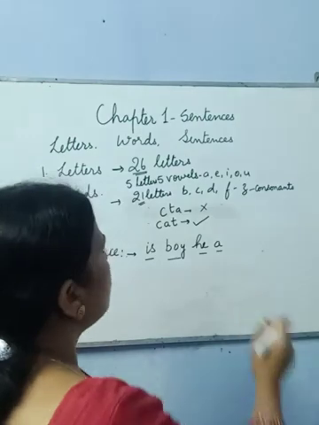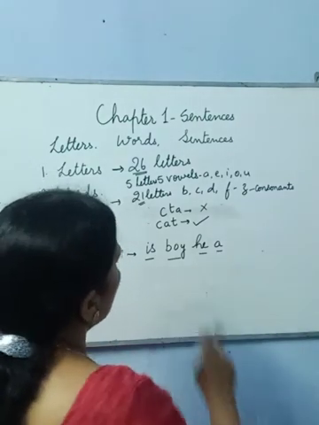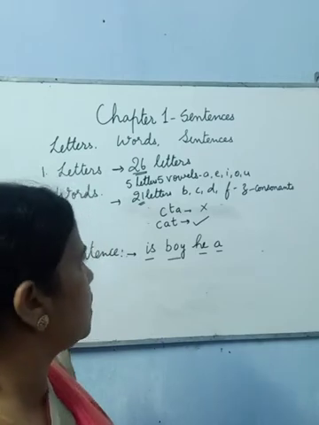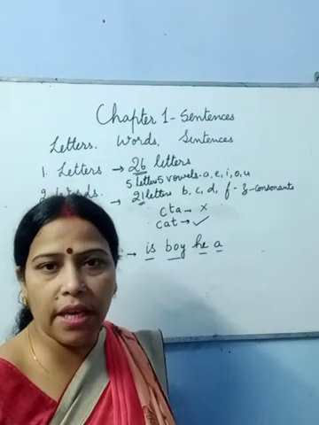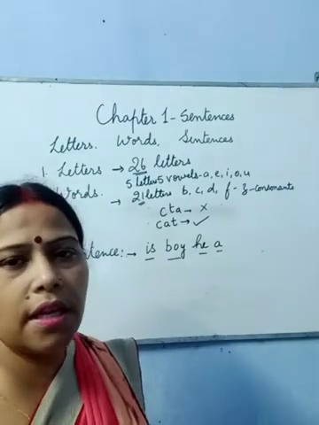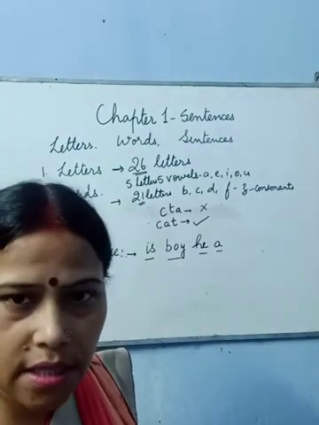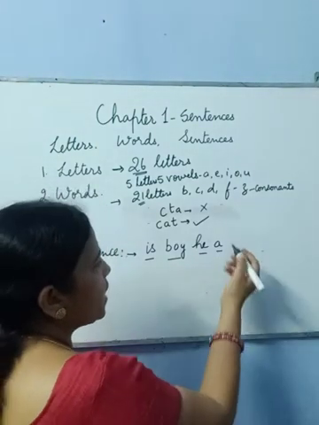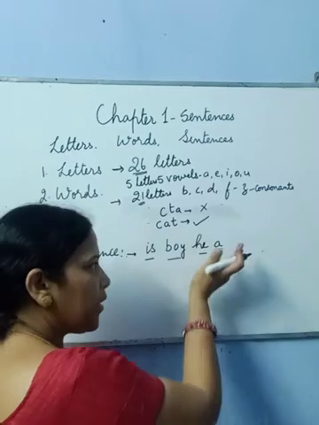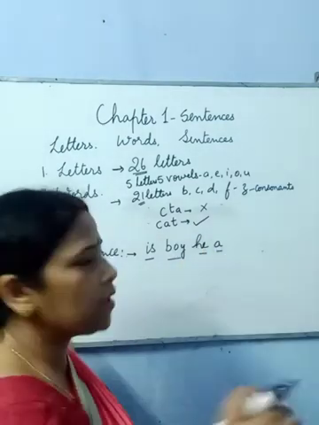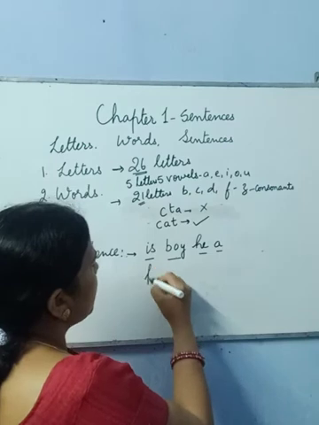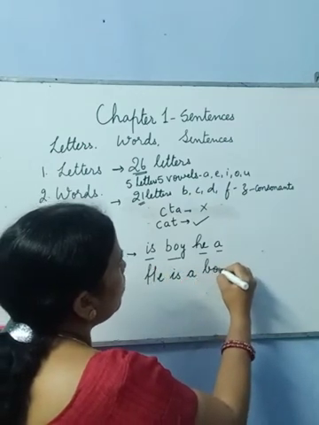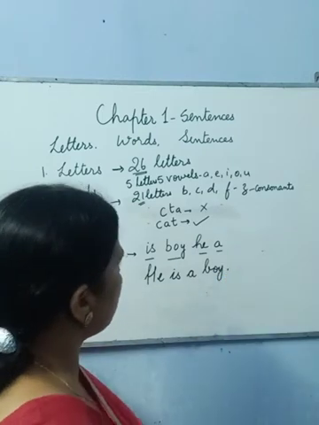Do you understand what I want to say? Is the group of words making sense? No, the words are not making sense. Now when I arrange them in correct order, I will write: He is a boy.